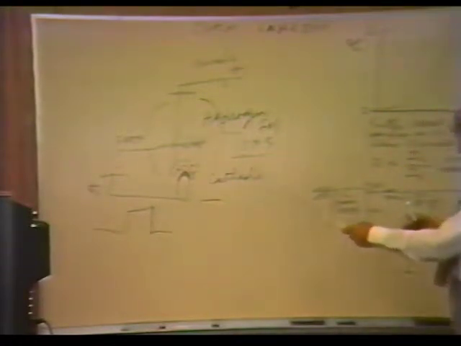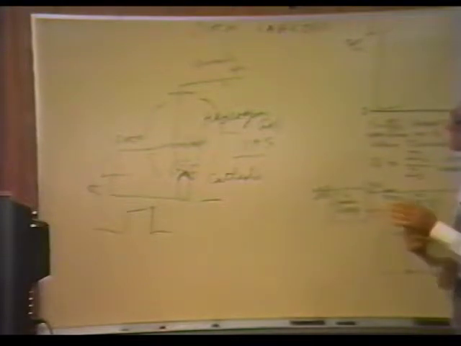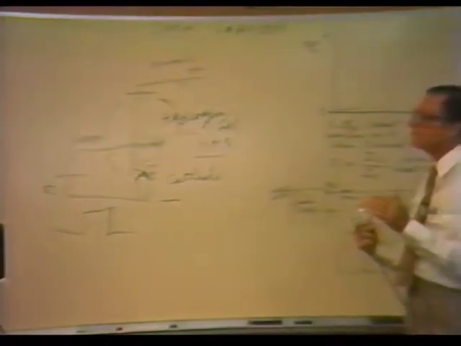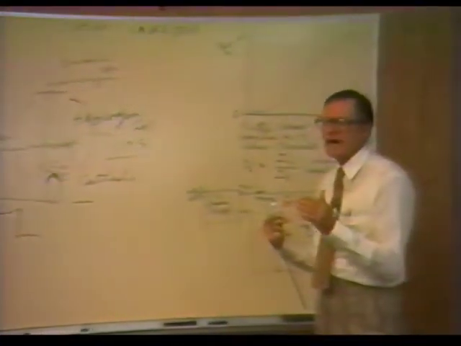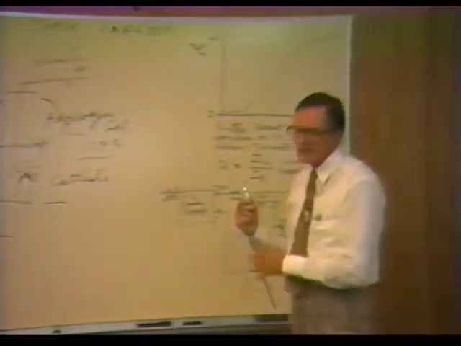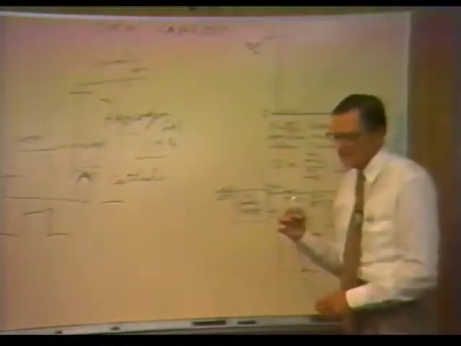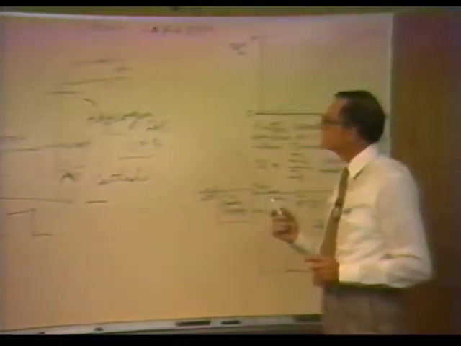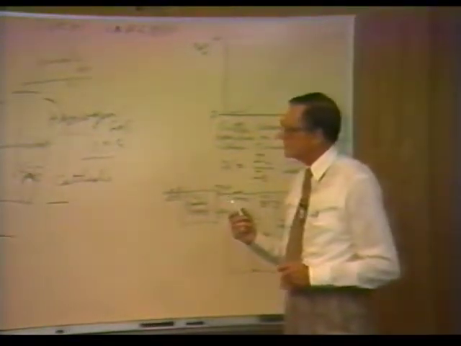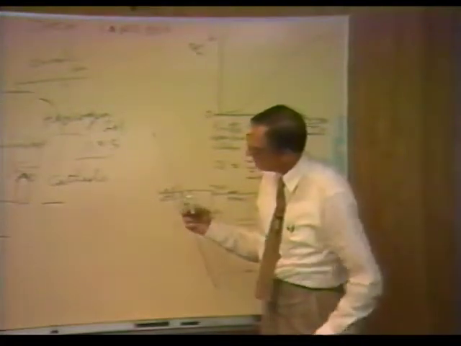Now, why do I tell you about an old tube called a hydrogen thyratron? It's because when the semiconductors were first being developed in around 1955, that period of time, General Electric, who was a big manufacturer of tubes and hydrogen thyratrons, decided they could make a semiconductor, a solid-state device that would do exactly the same thing.